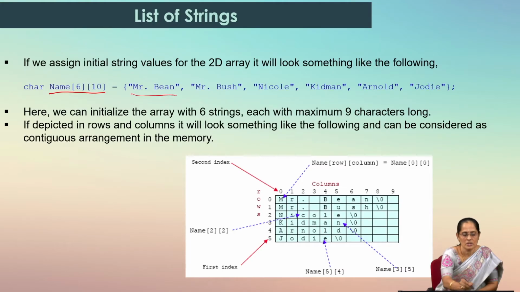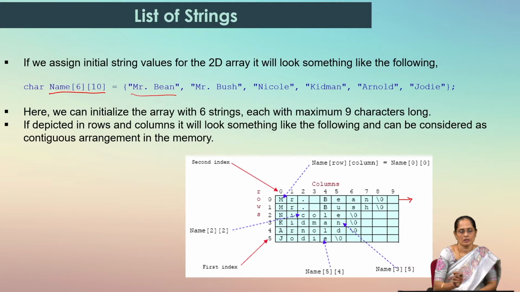Say for instance, the first string is Mr. Bean. That would be stored in the first row, with each character assigned in each location. So, M R dot, there is a space, then B E A N. So, Mr. Bean will be stored as a character array in the first row.